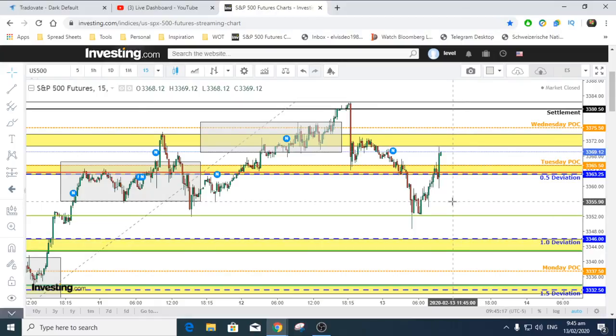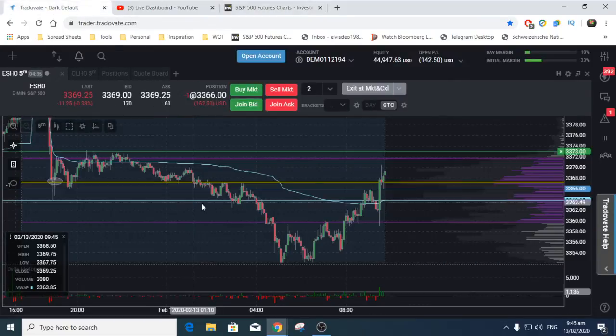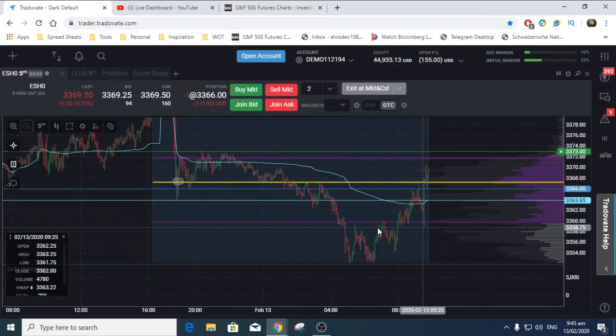Really wanted this one to come back down to the 56 here. I could see this morning. Didn't quite get it. As you see, run with trading open market.